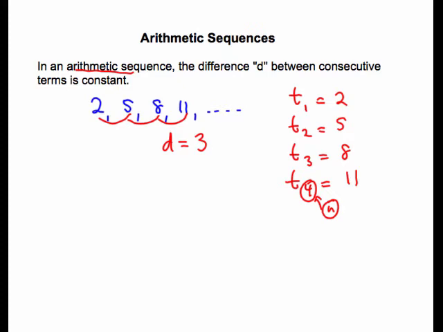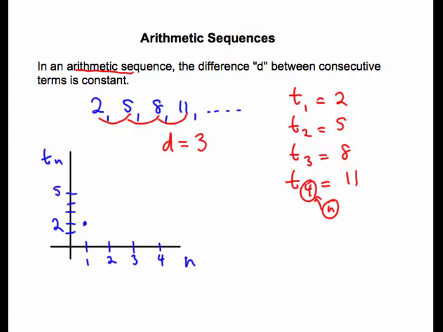Now another thing we could do is look at this situation graphically, and I could look at, for example, the position here, n, and the term value here. So I'm talking term 1, term 2, term 3, term 4, and the value of my term 1 is 2, term 2 is 5, term 3 is 8, and the pattern continues.